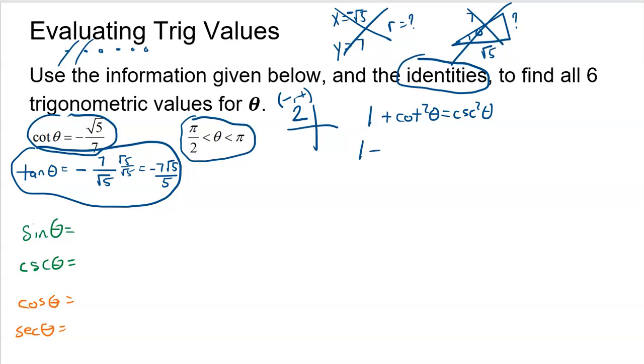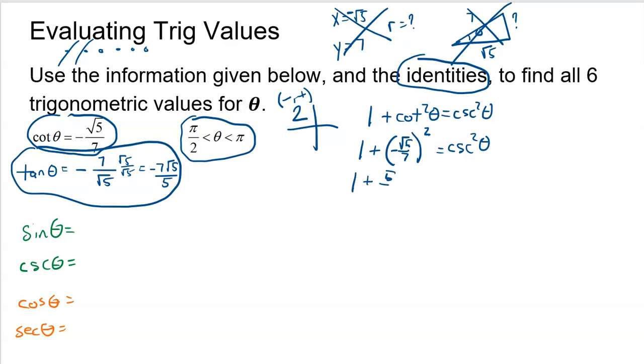All right, so 1 plus, now again, it says cotangent squared, but I know what cotangent is. So I'm going to replace cotangent with negative radical 5 over 7. Notice the square is still there. It's cotangent, pause, squared. I'm replacing the cotangent with what it is equal to, negative radical 5 over 7. The square is still staying there. And of course, this equals cosecant squared. So now I just have to do a little bit of squaring.